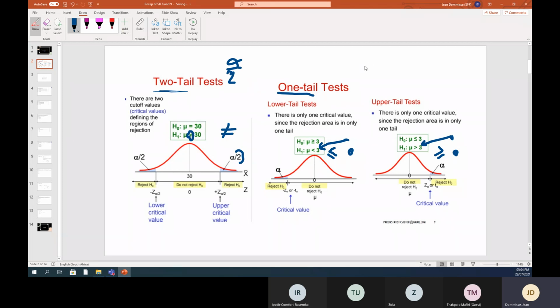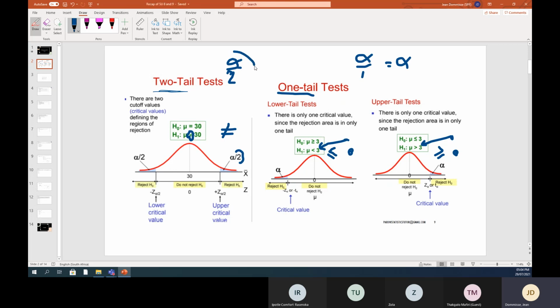One tail, and it's not there, but you can say, well, one tail I divide by 1. And that is in any case your normal alpha. So if you work with a two tail, divide the alpha by 2. If you work with a one tail, you divide the alpha by 1, which is still alpha.